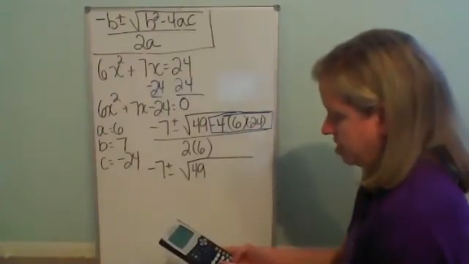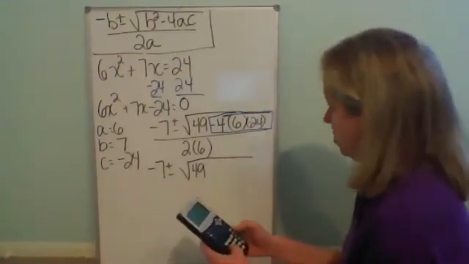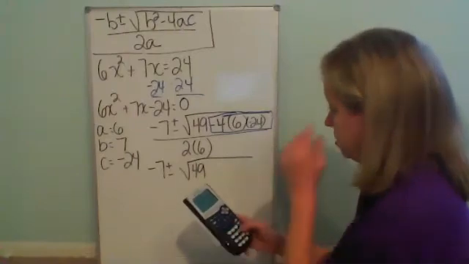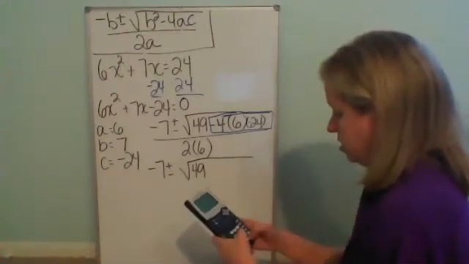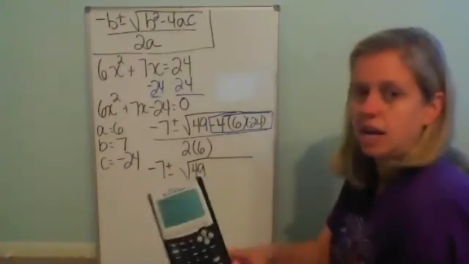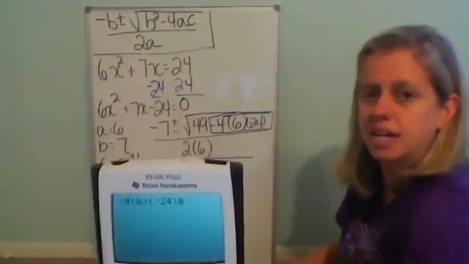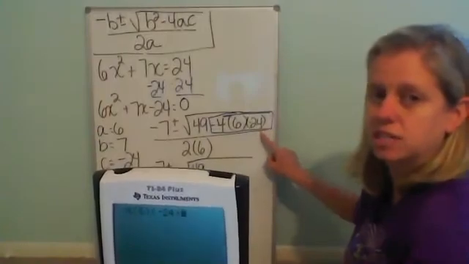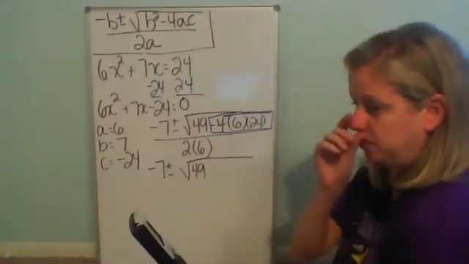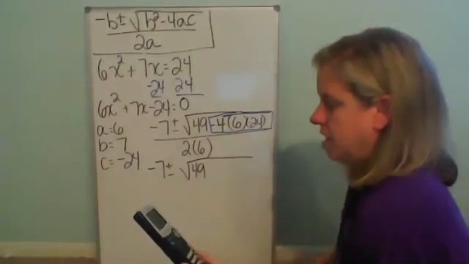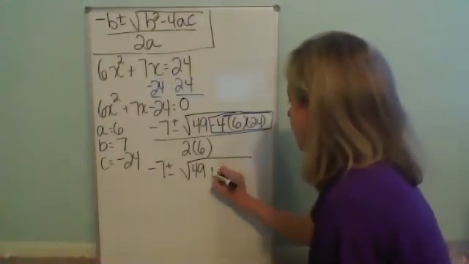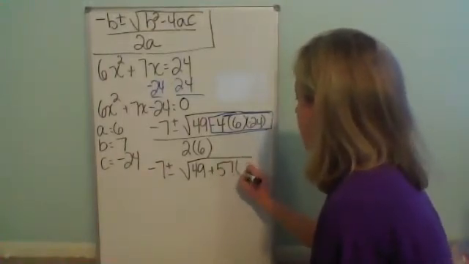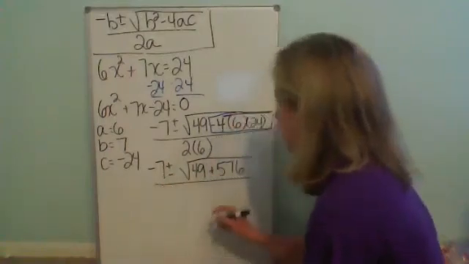So you're going to have negative 4, open parentheses, 6, close, open parentheses, negative 24, close. Again, I'm typing it in exactly how I see it right here. Enter. 576. And it's positive, so I'll put plus 576.